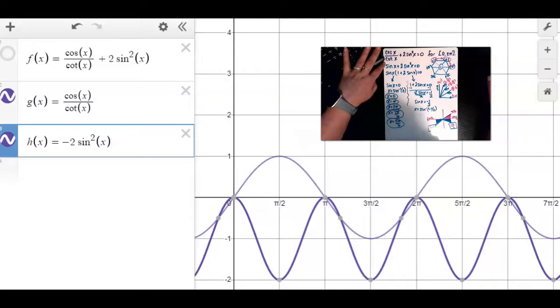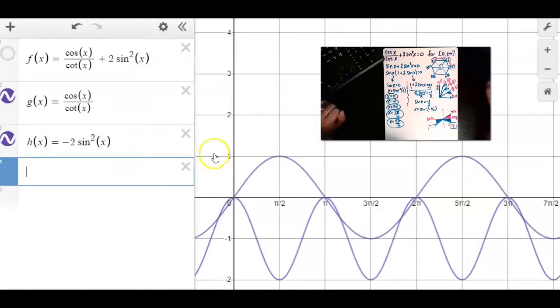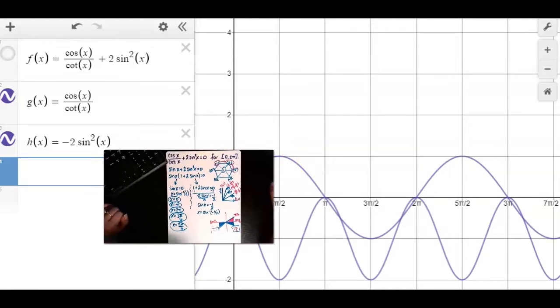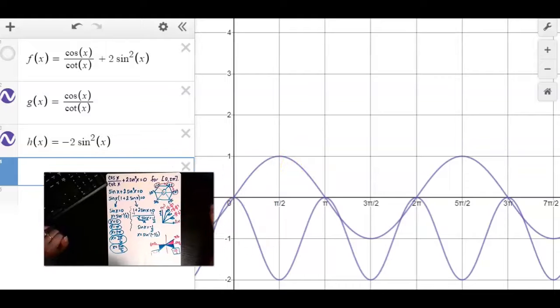So to move that 2 sine squared x over to the other side, we have to subtract it. So now we'll press enter, and the solutions to this are going to be wherever there are points of intersection between these two graphs. So I'm going to see if I can get that out of the way.